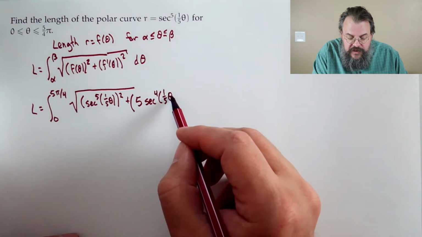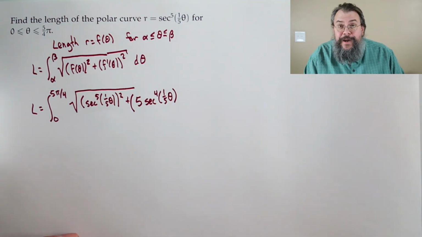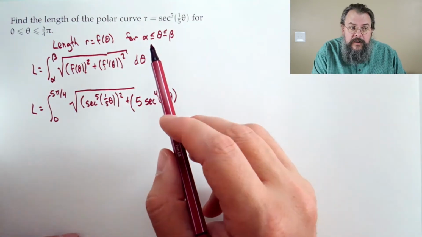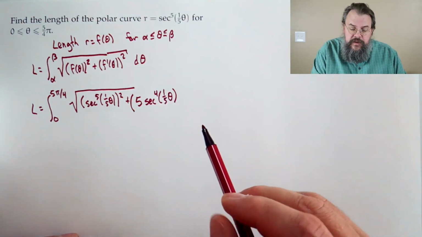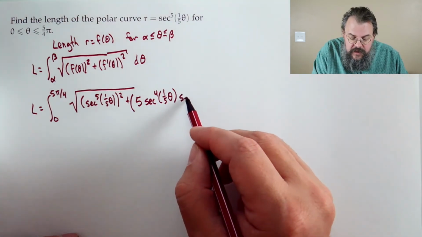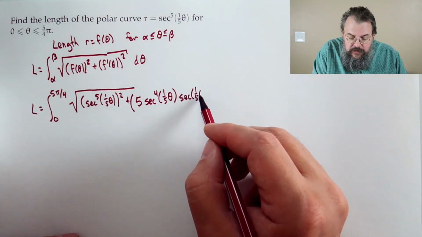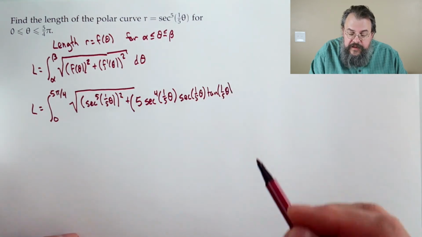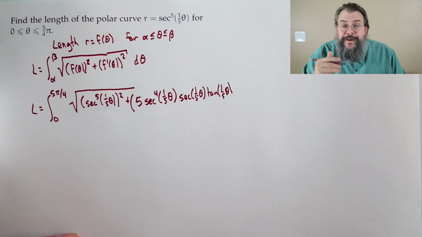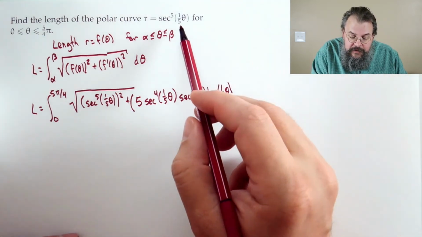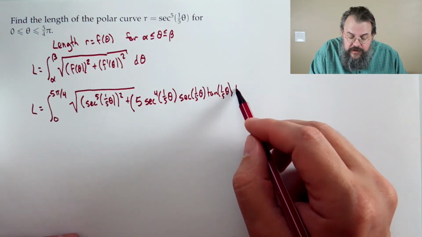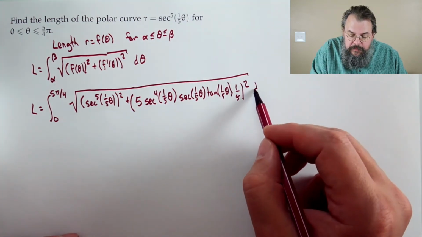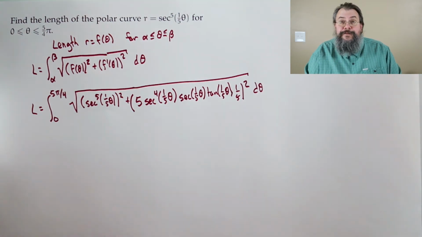But of course, that's just our first layer in our onion. We basically took the derivative of the 5th power. The next layer is the secant. The derivative of secant is secant tangent, so we have secant 1/5 theta, tangent of 1/5 theta. And now, one more layer: the derivative of the inside, the derivative of 1/5 theta, which is 1/5, all squared. Wow, what an expression.